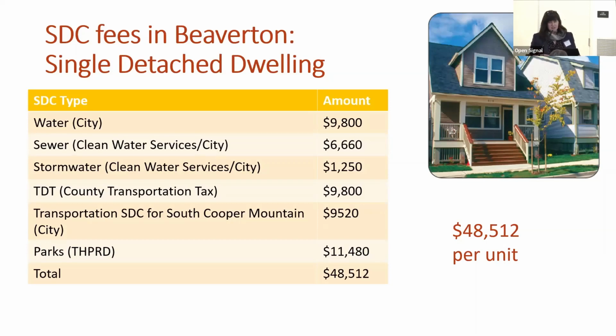TDT, the County Transportation Development Tax, set by voters on the ballot. It's a lot of money. In South Cooper Mountain, we have a supplemental transportation SDC because when we did the comprehensive planning, we had to look at how much it would cost to build all of the roads for this community. And we couldn't build it without extra SDCs.